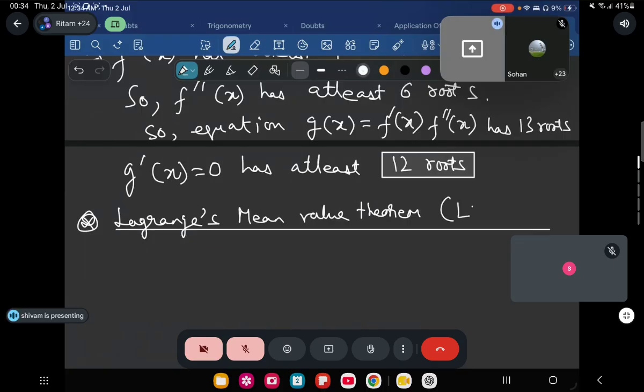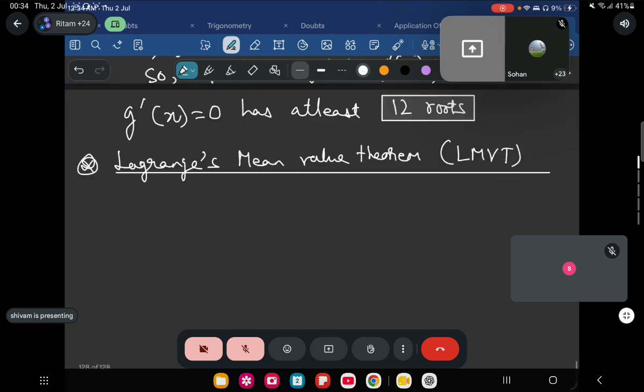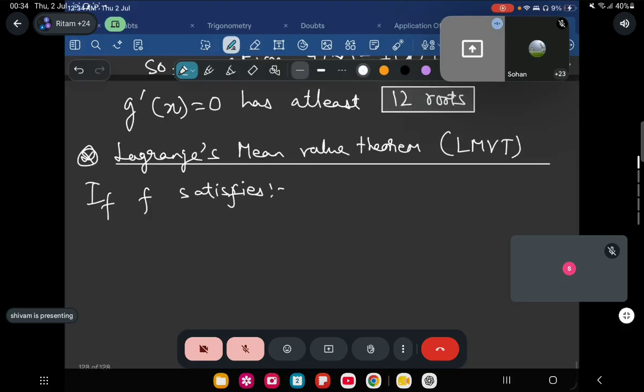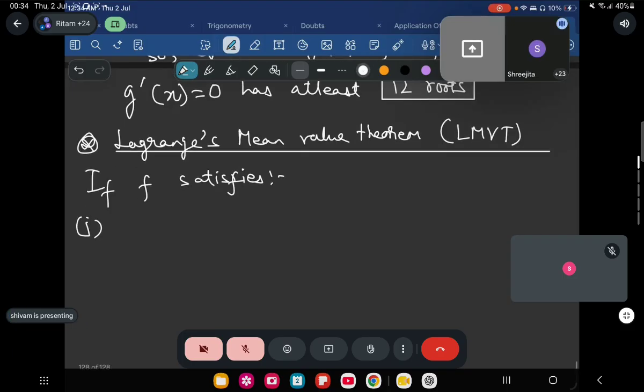This is also an important theorem, everyone. Pay attention. If f satisfies the following, the first two conditions are same. Have you taught Cauchy's mean value theorem? Cauchy is after this. Oh, I taught Rolle's theorem by mistake.